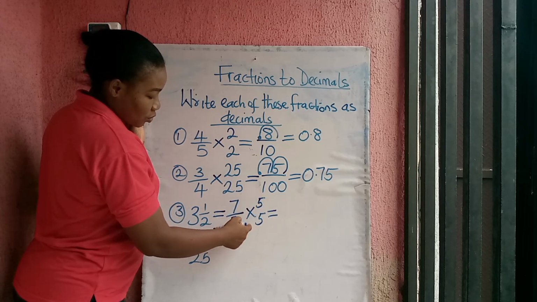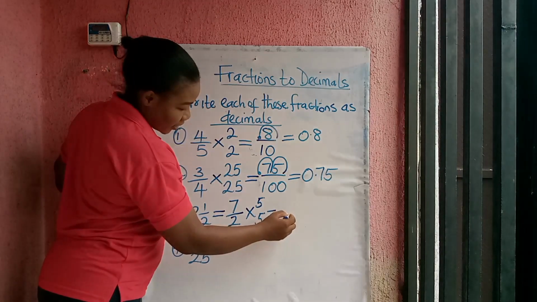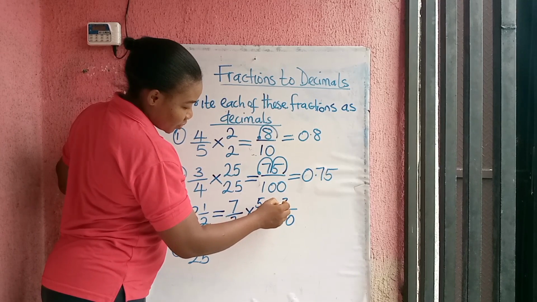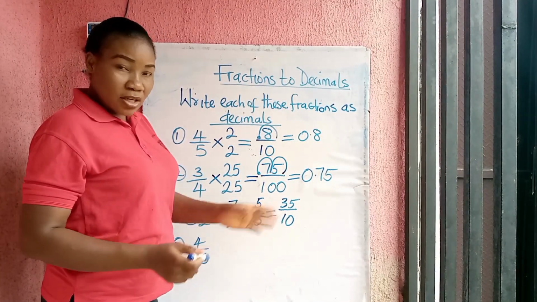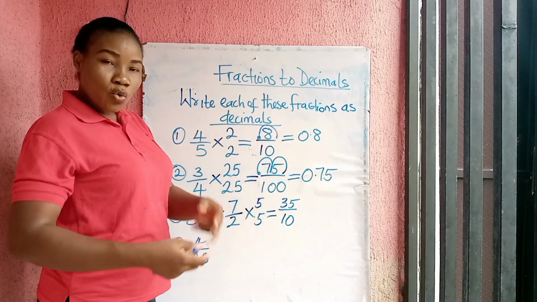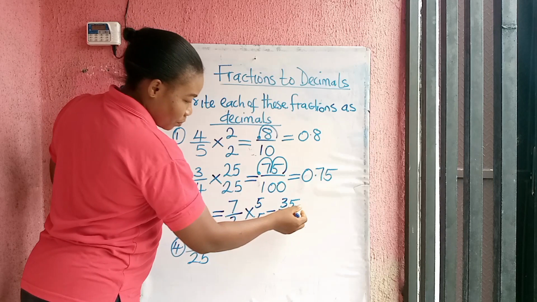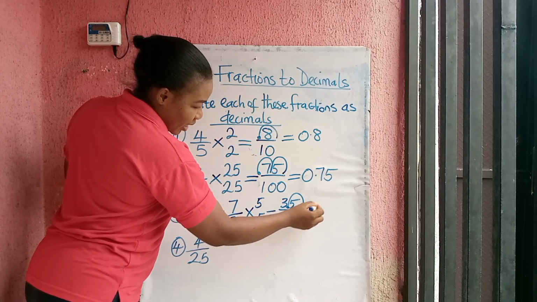So what do we have? 2 times 5 gives us 10. 5 times 7 gives us 35. So we are going to correct the numerator to 1 decimal place backwards. Place your hand here and count 1. So our final answer is 3.5.